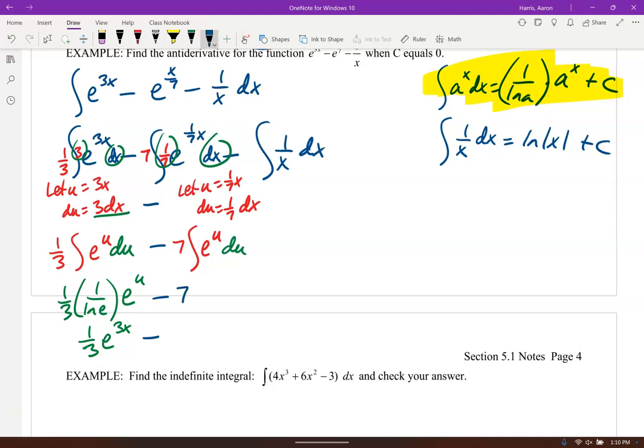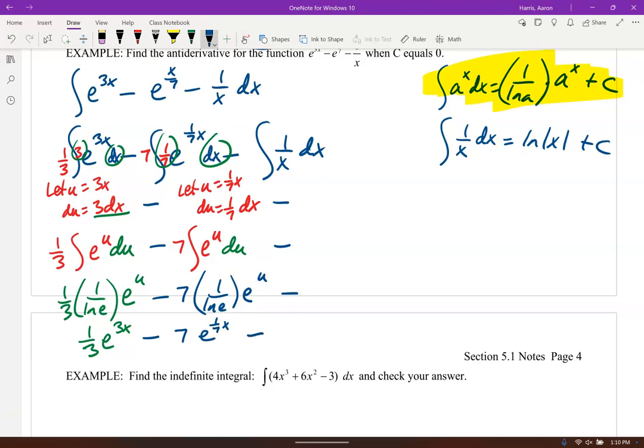So we got minus 7. Now I run the integral of e to the u. That's 1 over ln of e to the u. And we'll do that part of it in just a second. So minus 7. Natural log of e is just 1. And so we got 1 over 1, and we got e to the u. Well, u is 1/7 x.